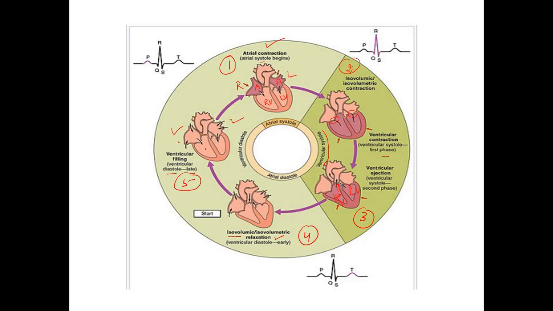These 5 stages in the image indicate the atrial systole here, the atrial diastole in this yellow color, and ventricular systole, and here ventricular relaxation or diastole.